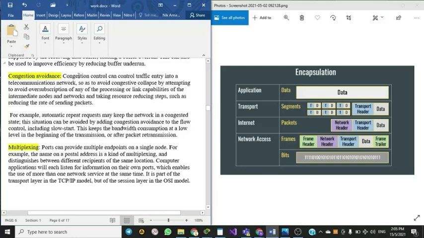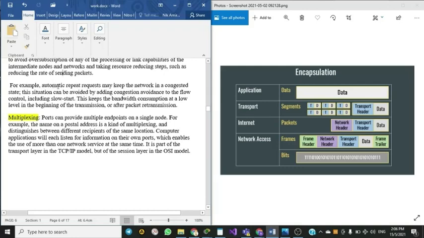Congestion avoidance. Congestion avoidance can control traffic entering a telecom network so as to avoid congestion collapse, by attempting to avoid oversubscription of any of the processing or link capabilities of the intermediate nodes and the network, taking resource-reducing steps such as reducing the rate of sending packets.